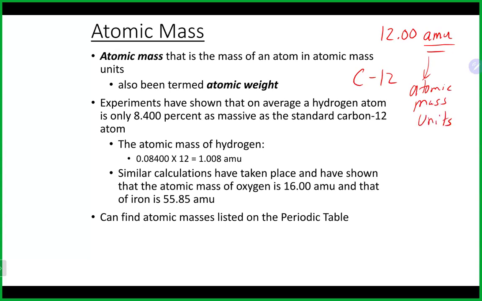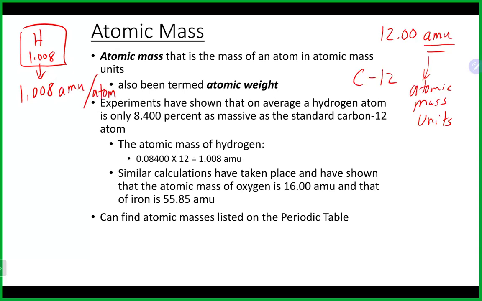It is essentially units that we probably don't use all that much anymore, but they are the units. And technically speaking, when you look at the periodic table for all these numbers that you see on the bottom, one way that you could look at it is, for example, if you look at hydrogen, it says 1.008. That would be 1.008 AMU in an atom.